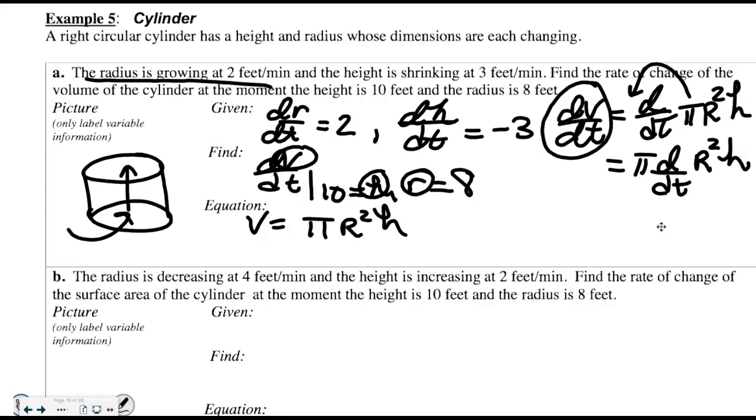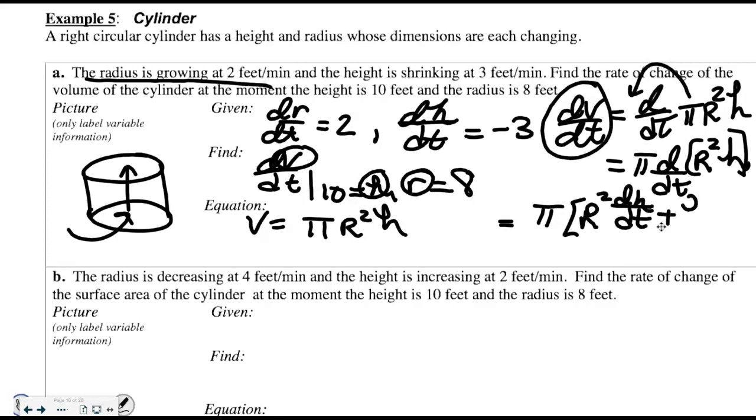So beware of that, because a lot of times with related rates, even though I know Ben knows the product rule, what kids will do is they'll just go, oh, 2r dr dt times h. They'll take each piece separately. So let's go do our first. I'm going to leave my pi out front, and I'm going to do my first, which is r squared, right? D second would be dh dt.